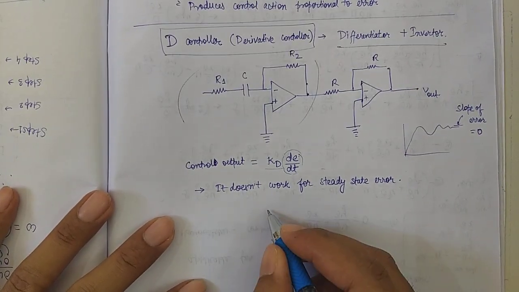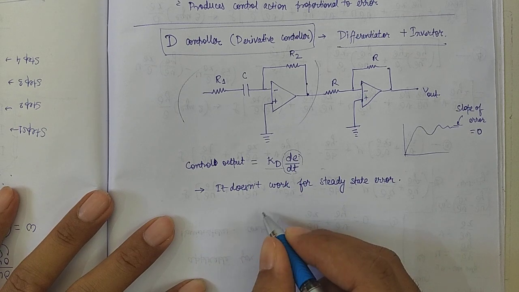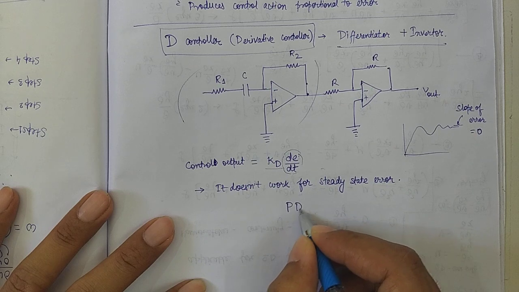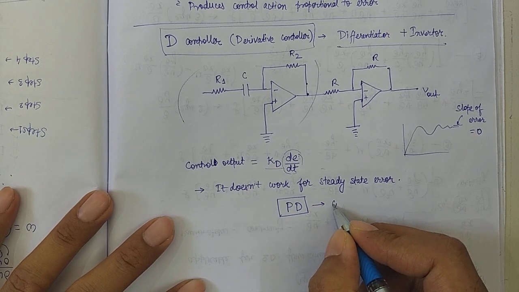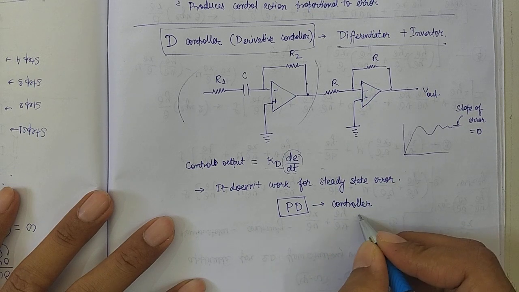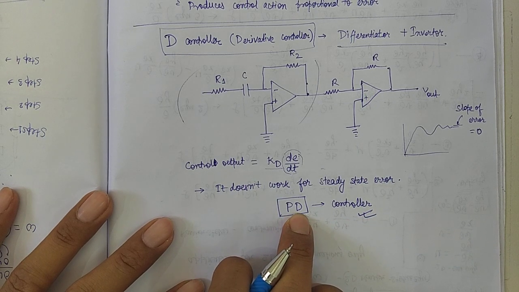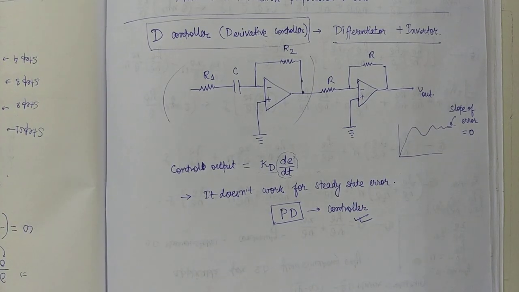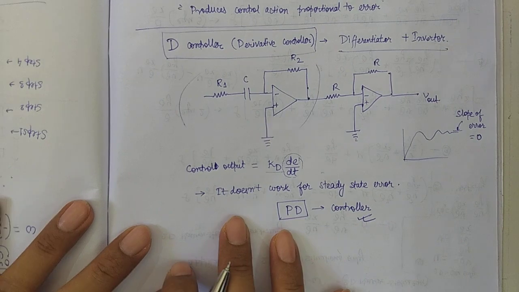So these D controllers are often used in combination with P. So a new block called PD controller is often used. In conjunction with P and D it works, and we'll see how all these blocks affect your error in a short while.